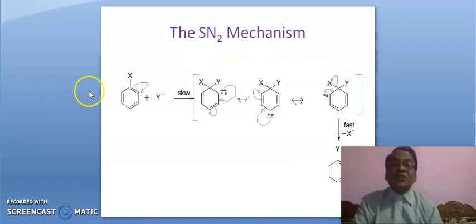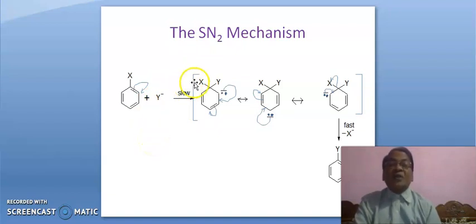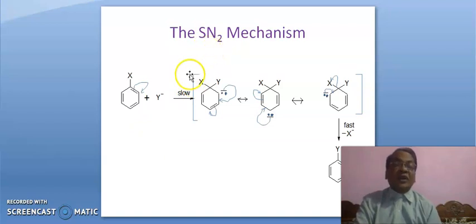Now it is the SN2 mechanism. Here this is the substrate molecule and this is the nucleophile, and this step is slow, therefore it is called bimolecular, or you can say the order is 2, and that's why we have written SN2 mechanism.